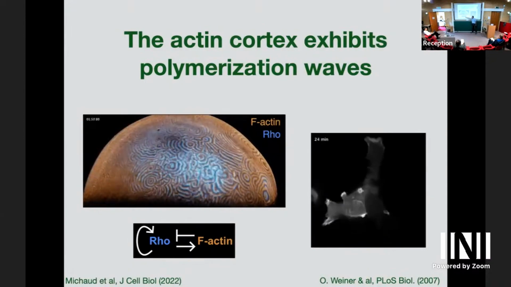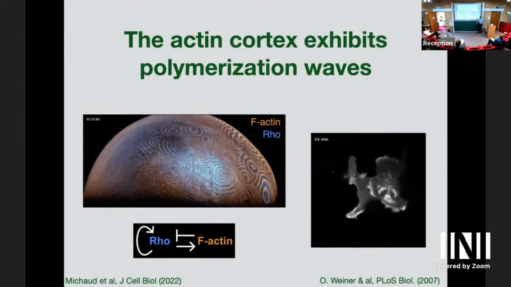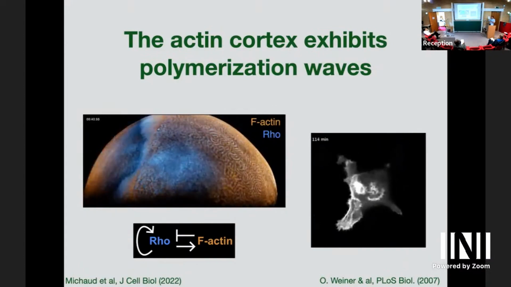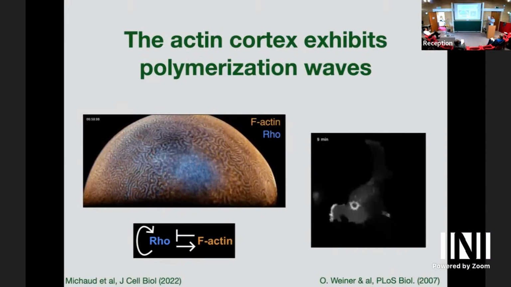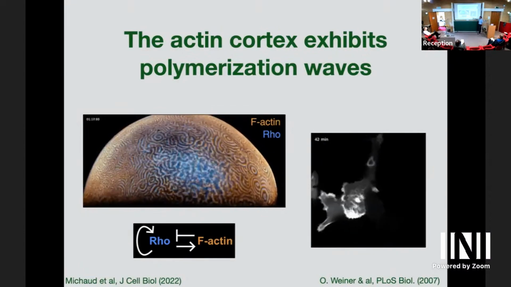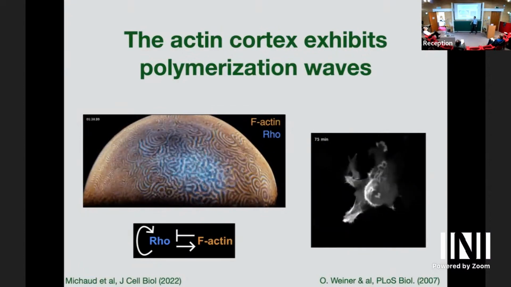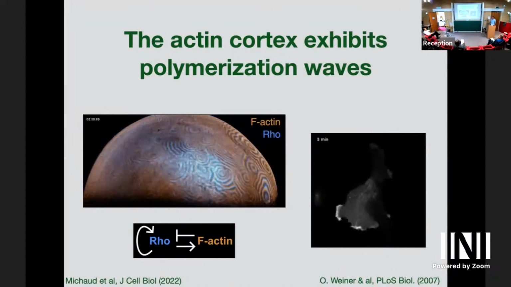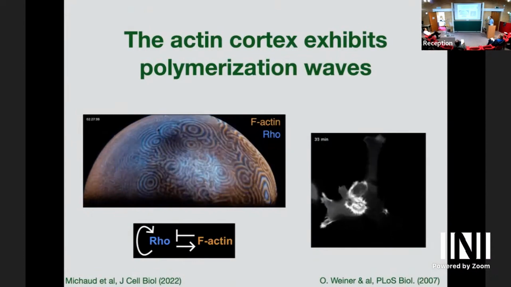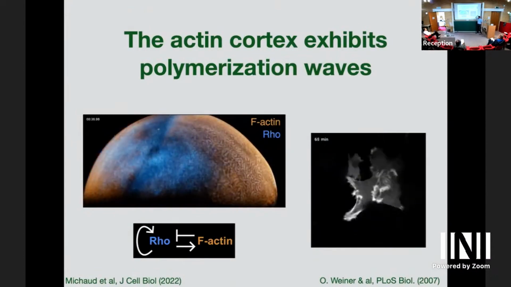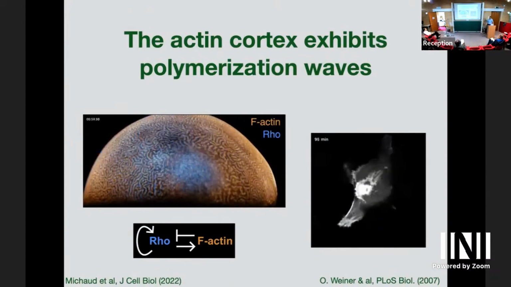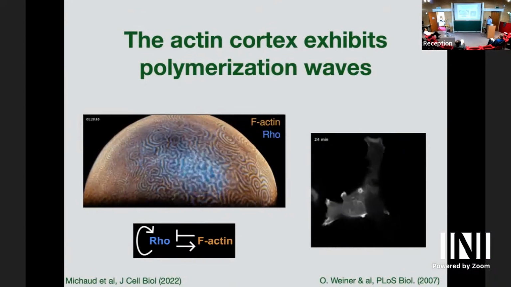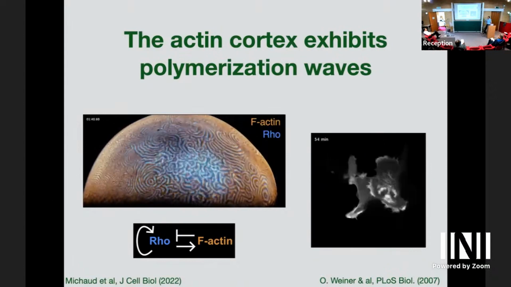That's represented by this arrow here. But then what has been found out over the years is also that once you have F-actin, then it will inactivate Rho. This is illustrated by this blunt arrow on top. And then in addition, there's evidence that Rho can activate itself. These really are the basic ingredients that you need for an excitable system. So there's no mechanics involved, it's just chemistry. And this you expect to generate waves, and indeed it does.